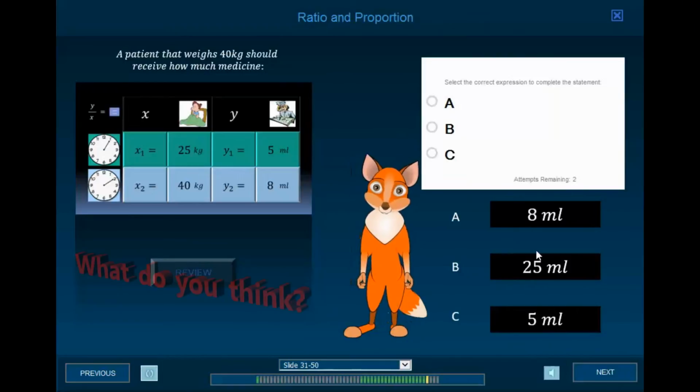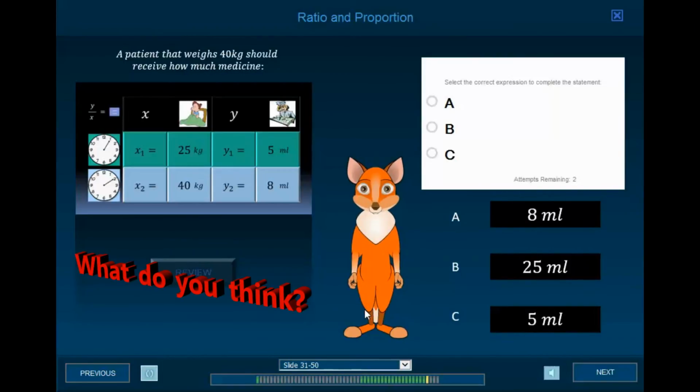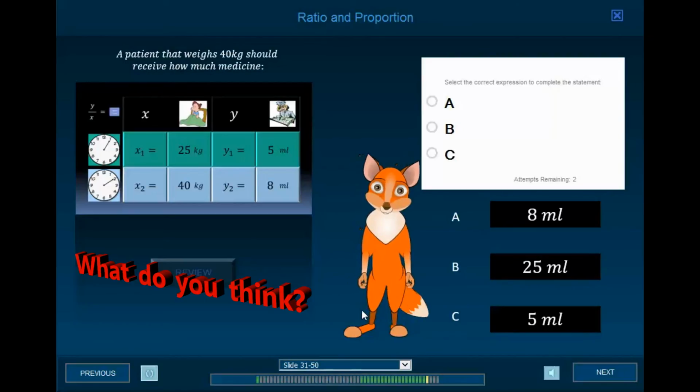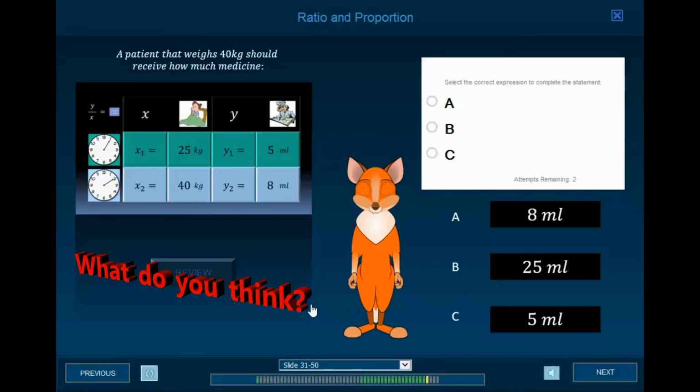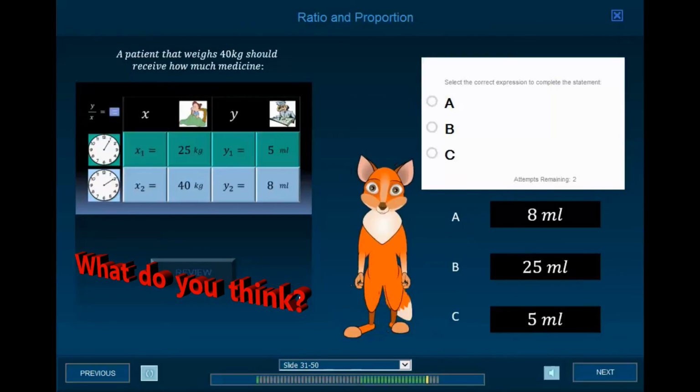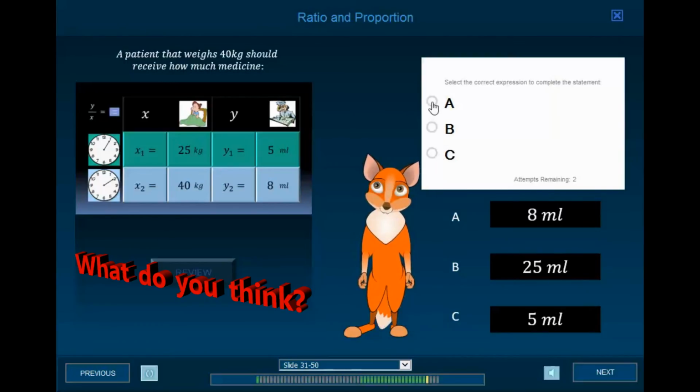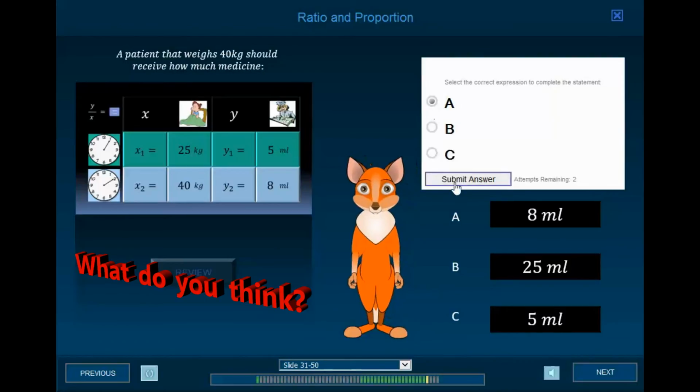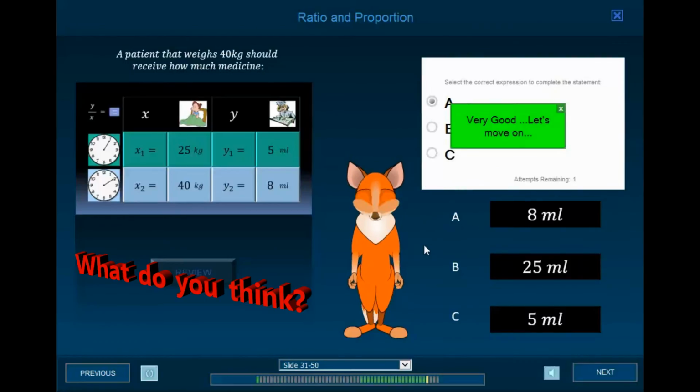A patient that weighs 40 kilograms should receive how much medicine? Nicely done. Our patient should receive 8 milliliters of medicine.